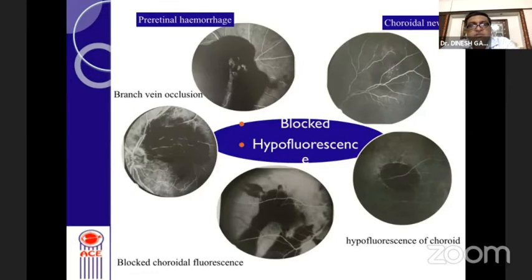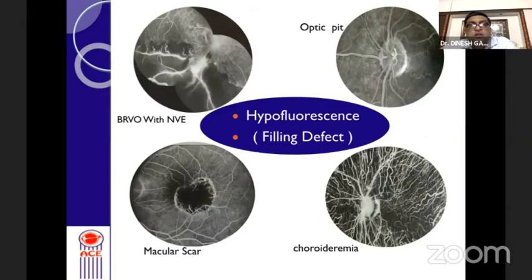And one may see blocked fluorescence because of a choroidal nevus or any branch vein occlusion or a preretinal hemorrhage. The hemorrhage will block the fluorescence, and the dye will not be seen in those areas. There can be hypofluorescence because of filling defect, because of an optic nerve pit, choroideremia, macular scar, or a BRVO with the NVE.